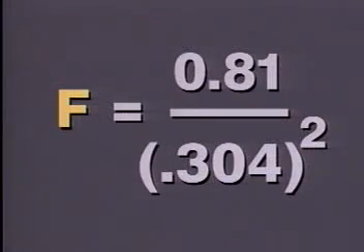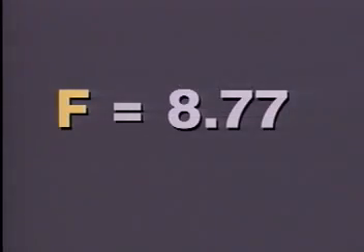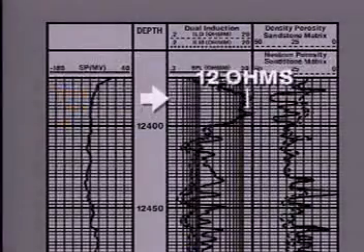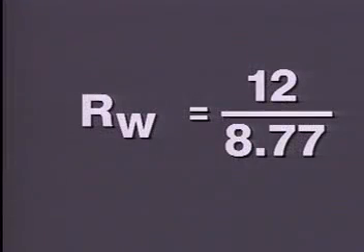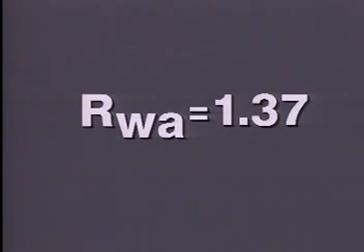Thus, to obtain the formation factor F, we again divide the sandstone factor, 0.81, by the square of the porosity, 0.304, which equals 8.77. At 12,384 feet, the deep induction curve reads about 12 ohms. Our R sub WA is then obtained by dividing the induction log deep reading of 12 ohms by the formation factor, 8.77, which gives us an R sub WA of 1.37.